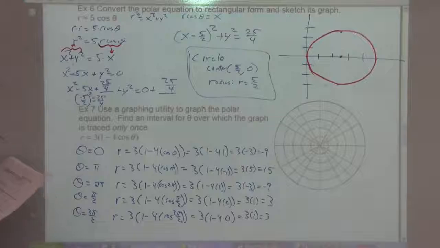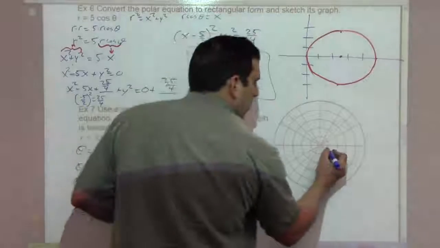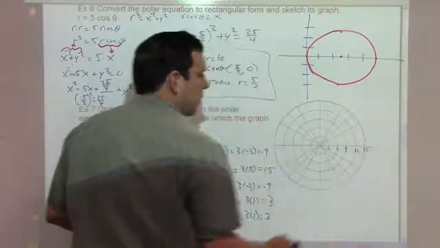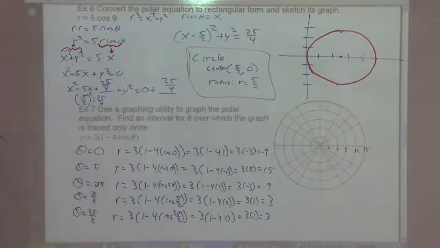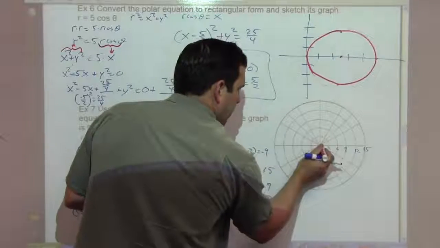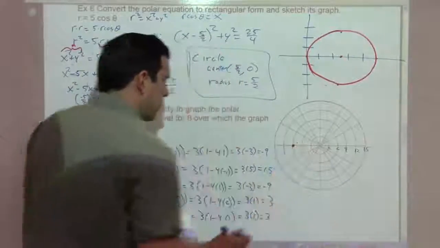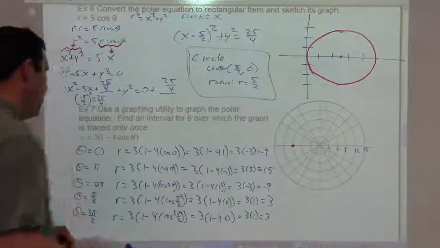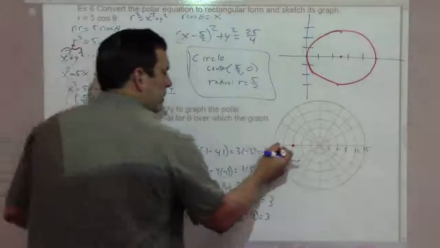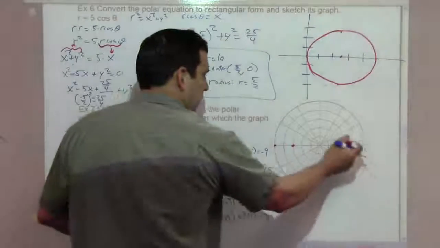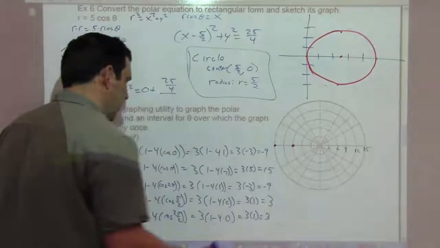So we can roughly put these things on the graph. We'll call this 3, 6, 9, 12, and 15. For theta being 0, we're at negative 9. For theta being pi, once we're around here, we're at 15. For theta being 2 pi, we're back to negative 9. So 2 pi is back here, negative 9 is there.